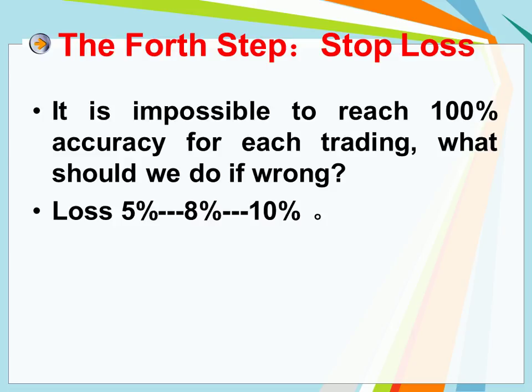But if it goes down to 1.5, stop loss or not? It's difficult, right? Then if down to 0.5, is it easy to stop loss or not? It's quite different. It's quite difficult. So if you stop loss around here, it's easy.